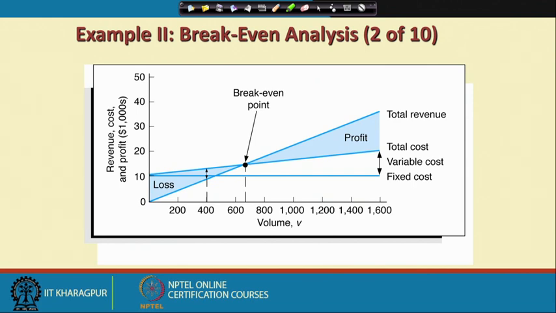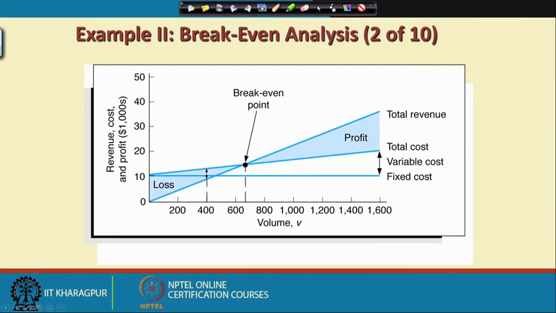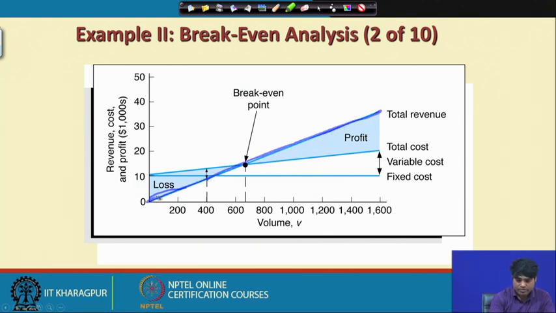See here, total revenue starts from here. The 45-degree line is nothing but the total revenue curve, and it starts at 0, because when quantity equals 0, the revenue is also equal to 0.